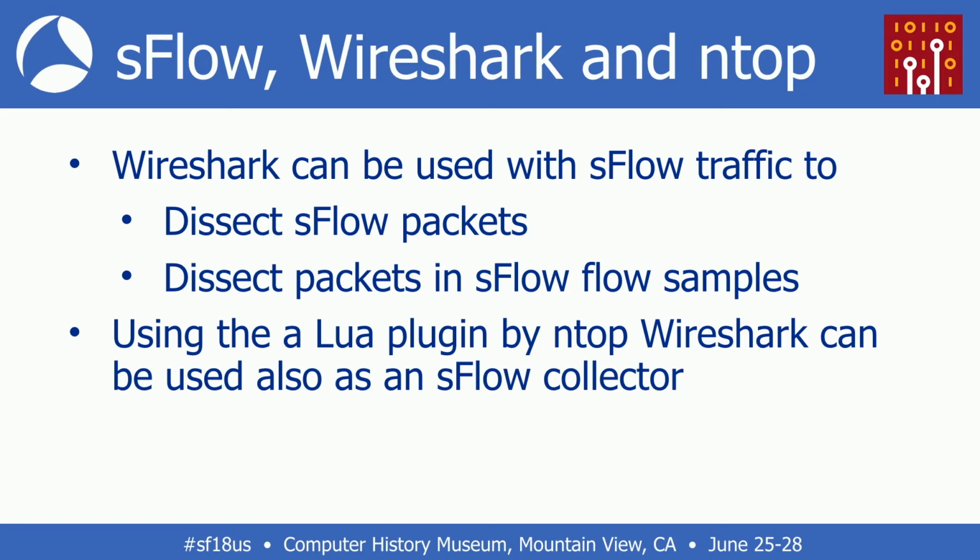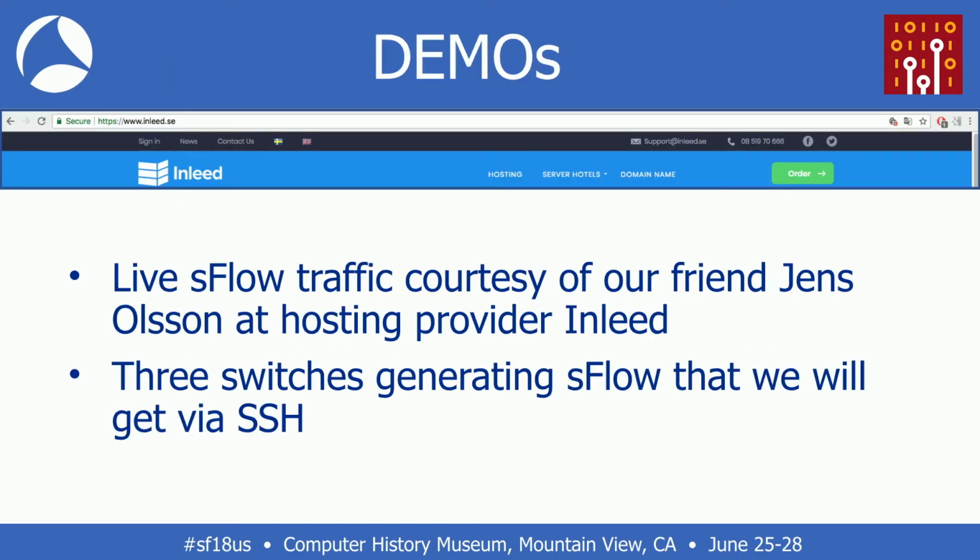And finally, we can also use Wireshark as a basic collector, I would say, using our Lua plugin that is open source. I will give you the link later, to see aggregated information on the interfaces and on the top talkers that are using your network devices.